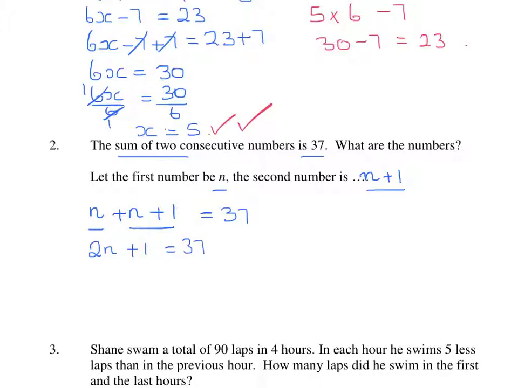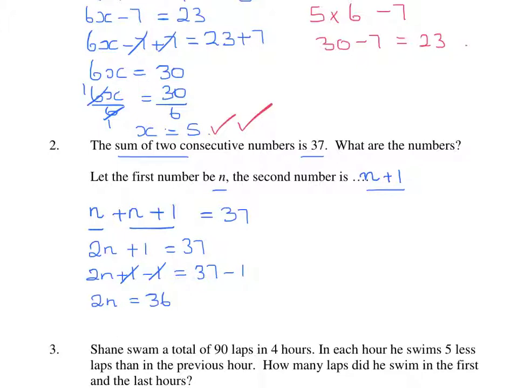So now solving for n by undoing the plus 1 by subtracting 1 from both sides of the equation. So we're left with 2n on the left-hand side, and on the right-hand side 37, take away 1 is 36.